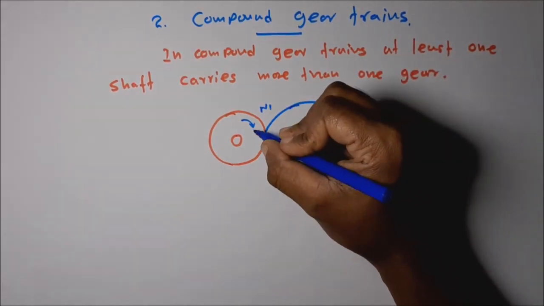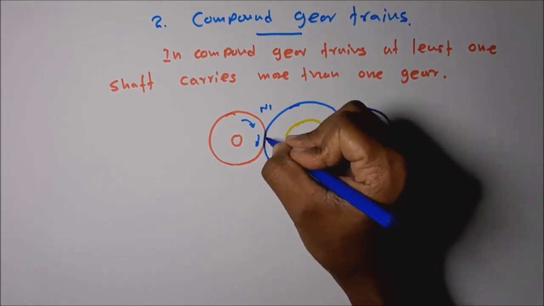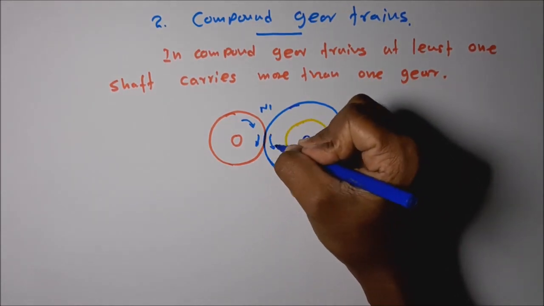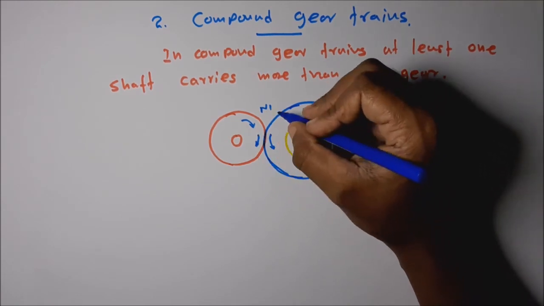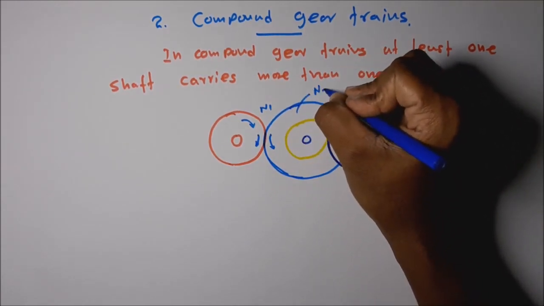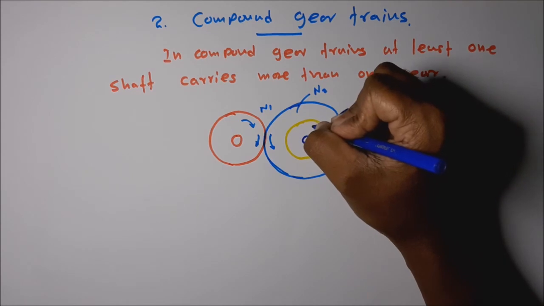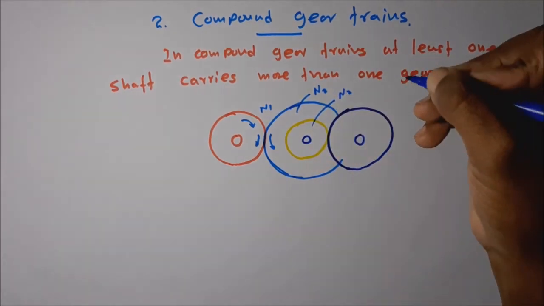If this is rotating in this direction, this one rotates in this direction. This produces n2 revolutions, and because the other gear wheel is mounted on the same shaft, its speed is also n2.